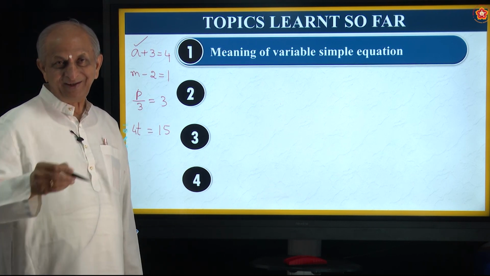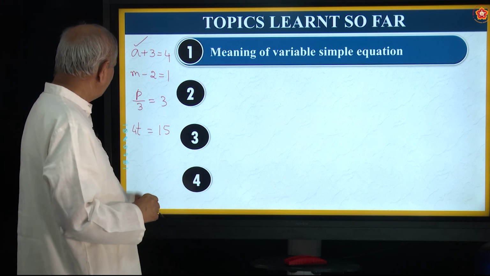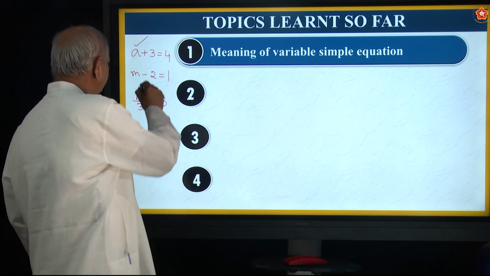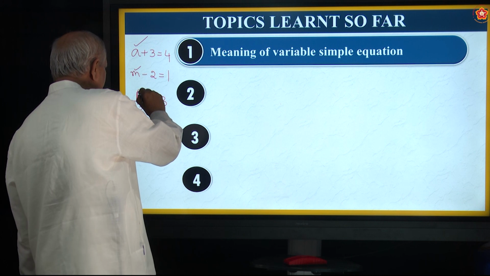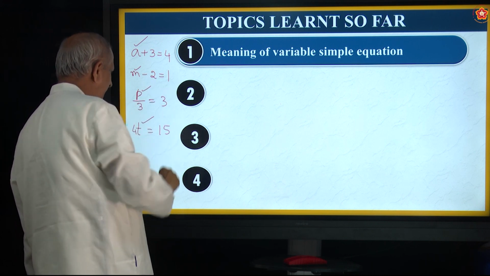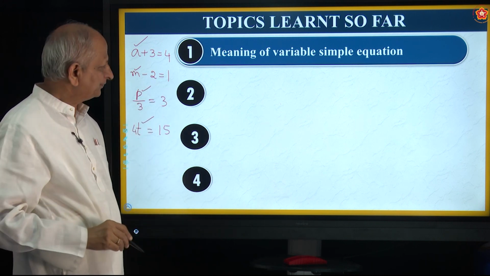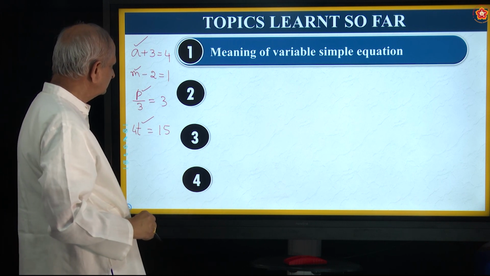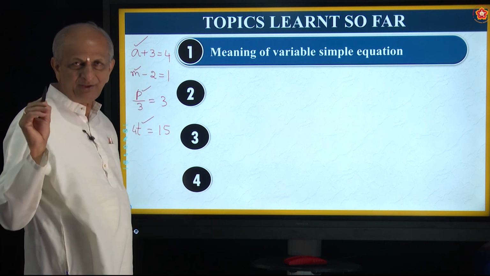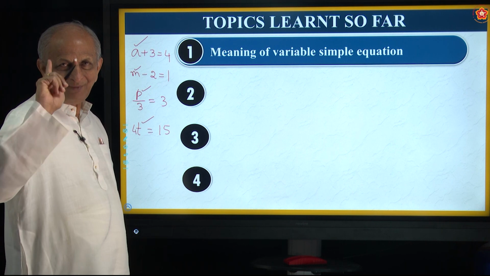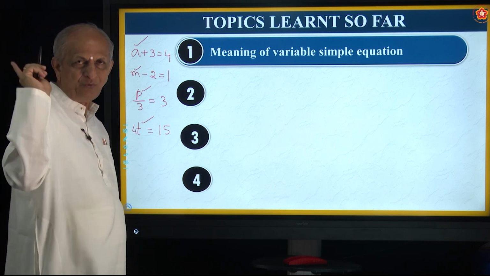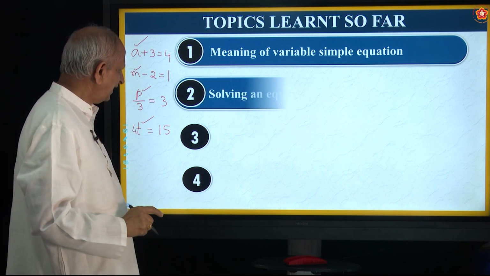These are all called conditioned variables. So what is the variable here? A. Here it is m, it is p, it is t, correct? So that is the meaning of the word simple equation. Why is it called simple? Only one variable of 1 degree, correct?